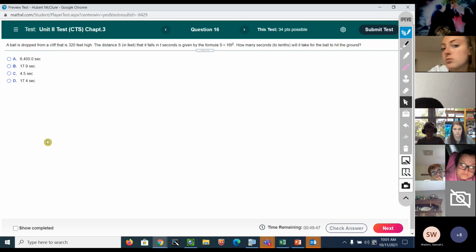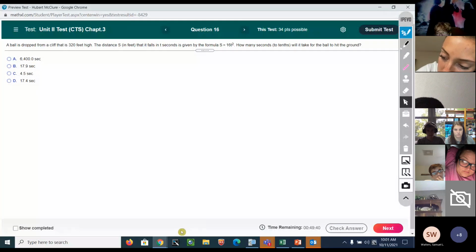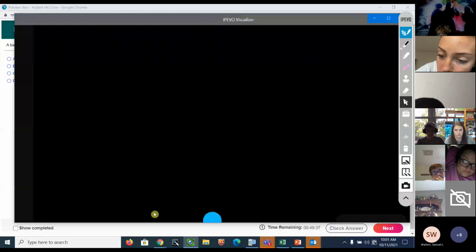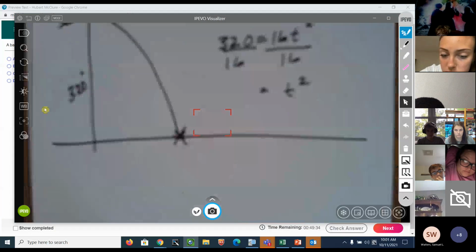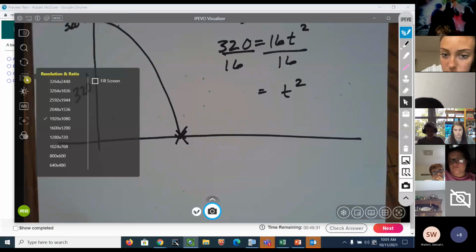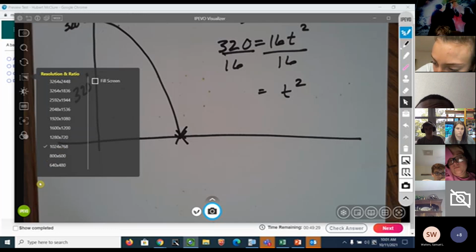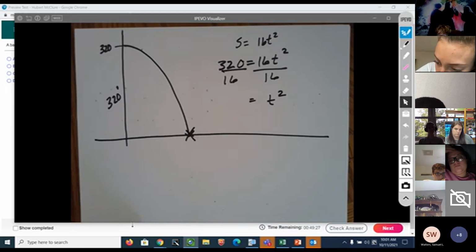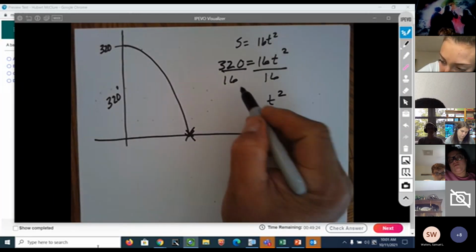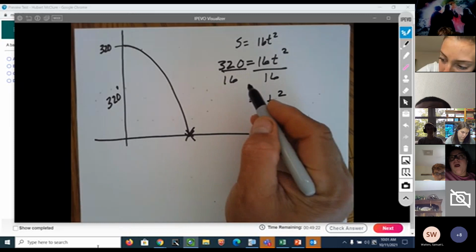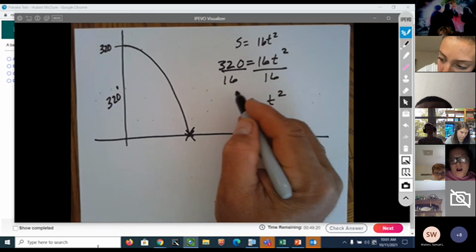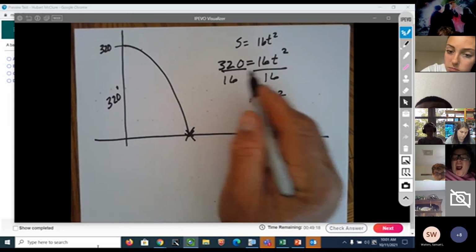Divide by 16, divide by 16, t squared is equal to 20.